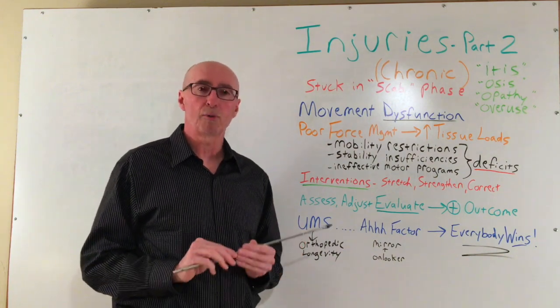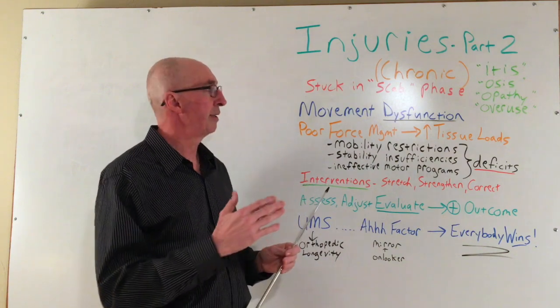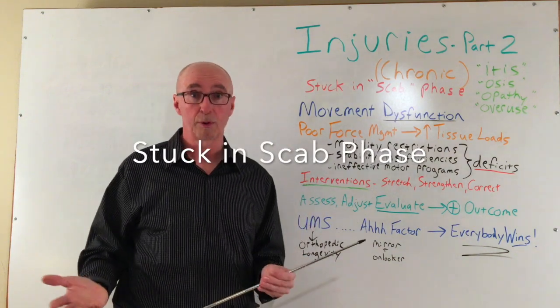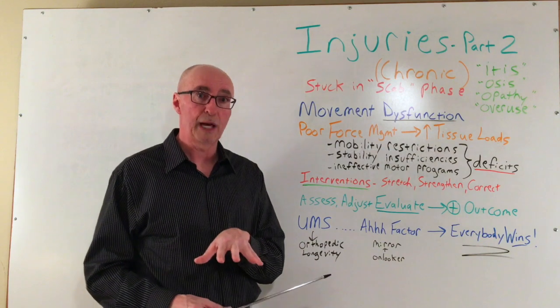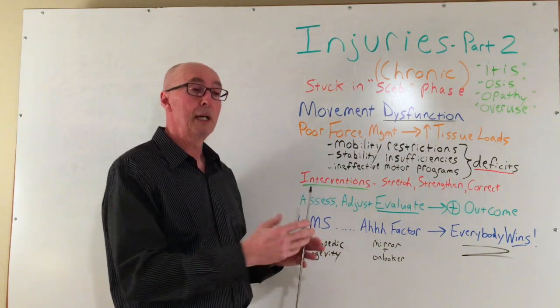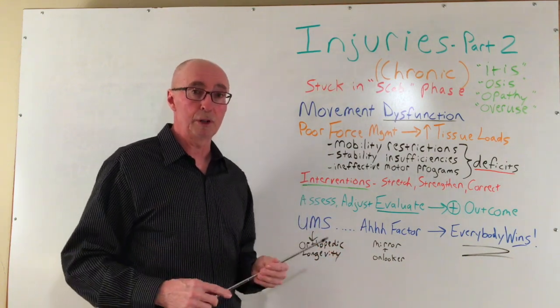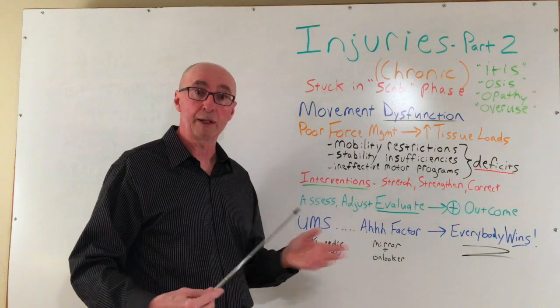Chronic injuries are really those types of injuries which are stuck, if you will, in the scab phase. And you'll remember from last time, if you viewed that acute injury video, we have a bleeding phase of the initial portion of the injury, then we have that time period of scab formation, and ultimately we go into the scar phase and remodeling of the tissue.